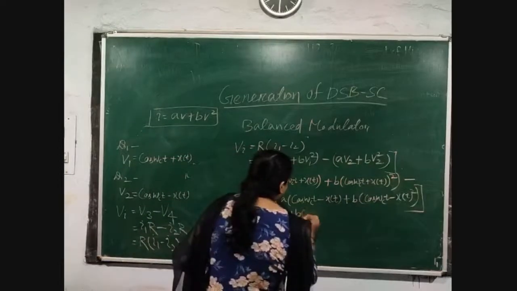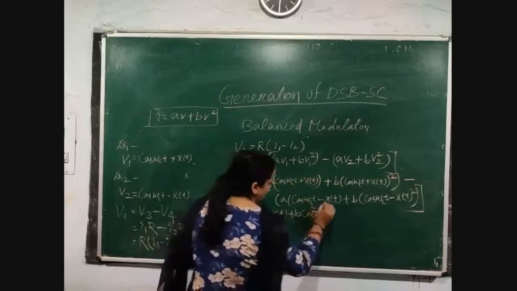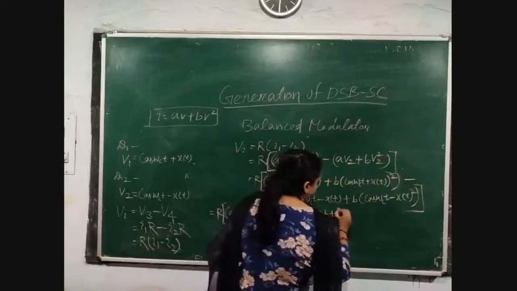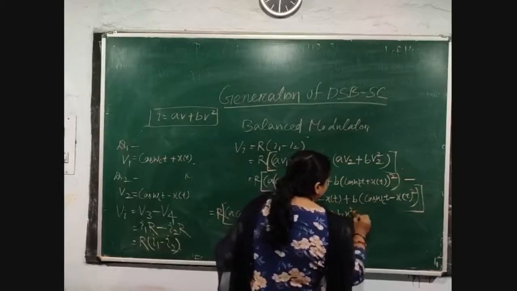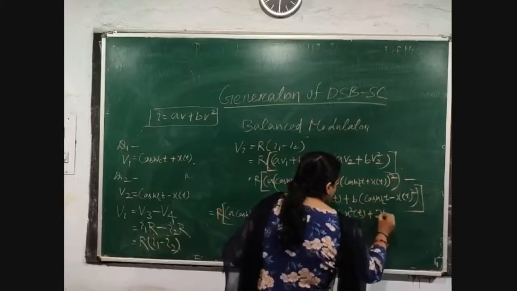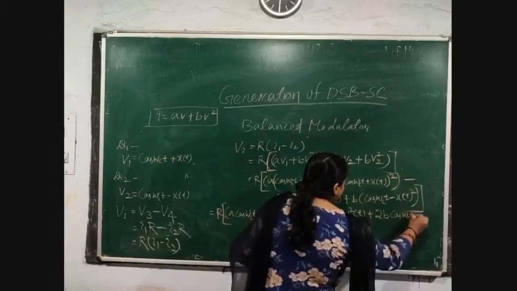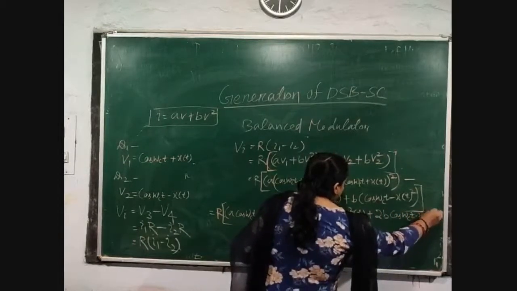So B cos square omega ct plus B x square of t plus 2B cos omega ct into x of t.